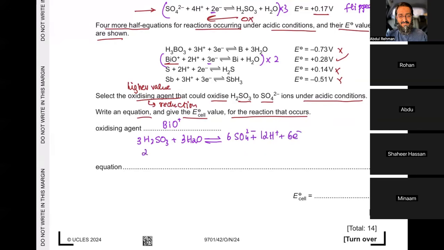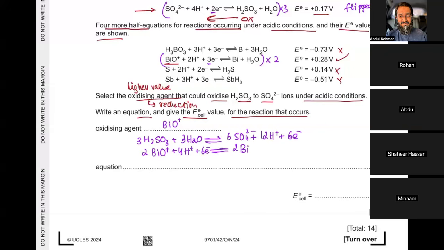And this equation: 2 moles of BiO+ plus 4 moles of hydrogen ions plus 6 electrons gives 2 moles of bismuth plus 2 moles of water.